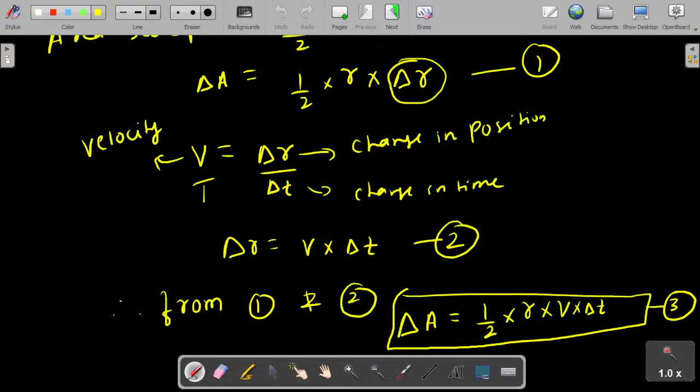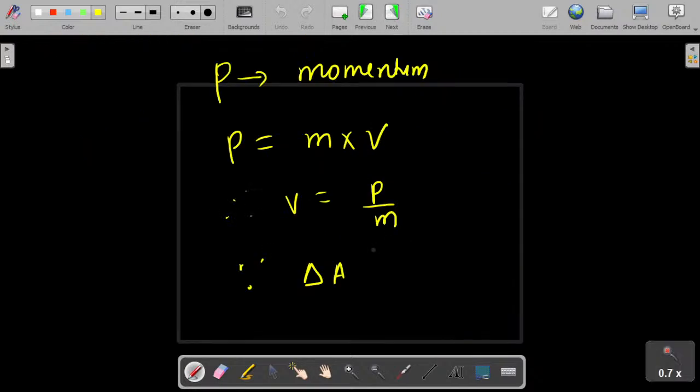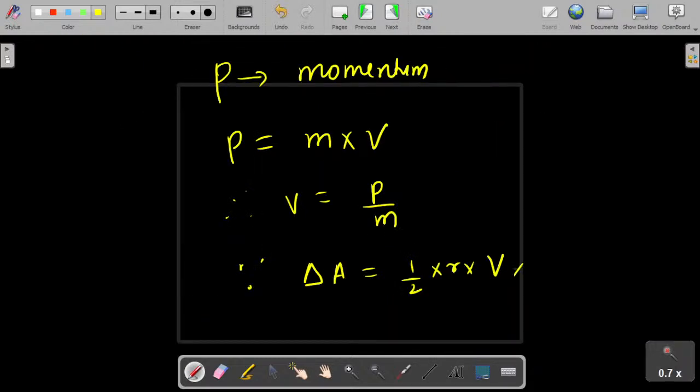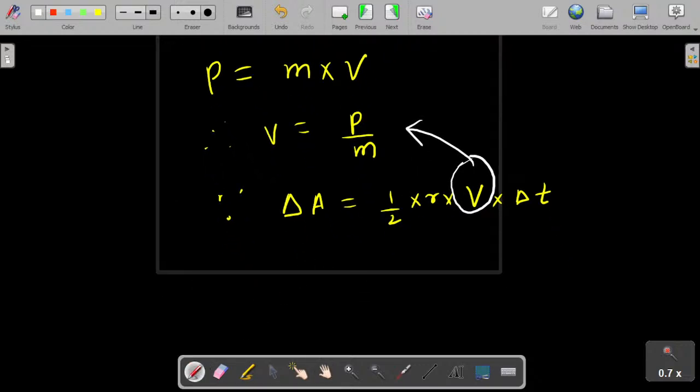Area is half into R into V, and next term is delta T. In place of V, you put the value of V. So delta A is equal to half into R into momentum upon mass into delta T.